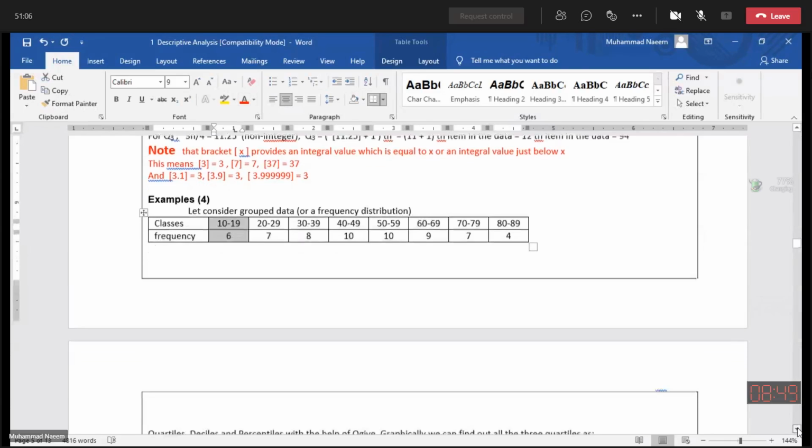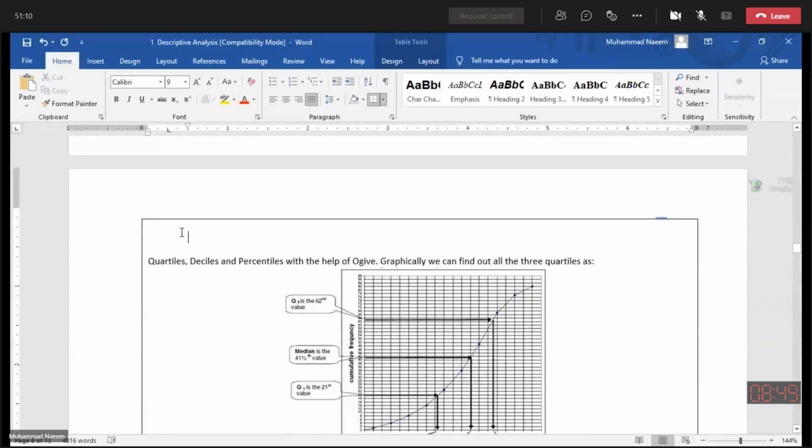So for this situation, let's say we need to calculate median, first quartile, 7th decile, and 45th percentile. Also calculate mode.